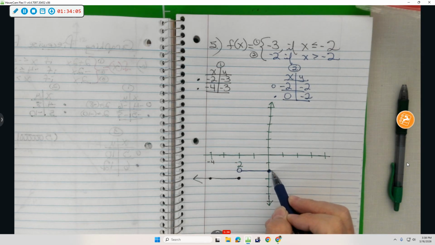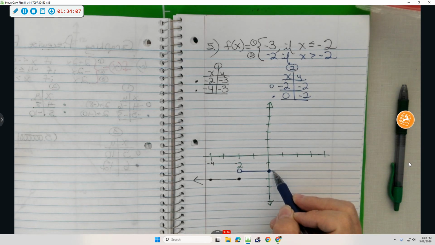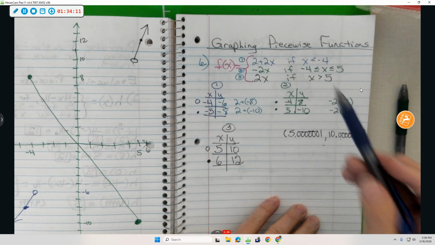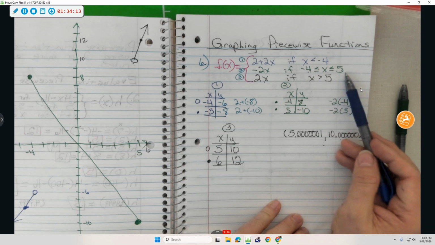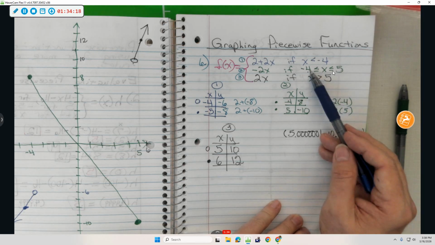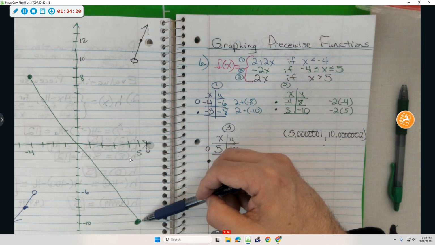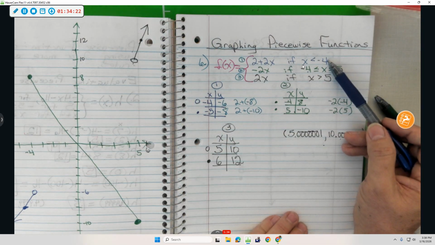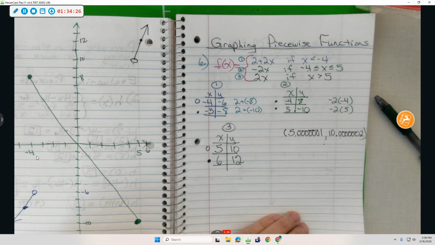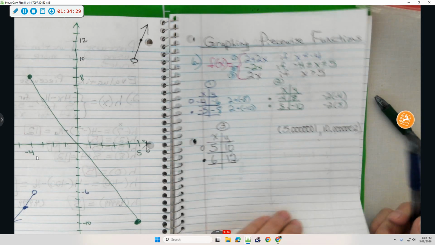Does it stop? No, it keeps going. The only way it stops is if the interval is like one of these compound inequalities where x is between two numbers. But if there's only one number within the inequality, one side, either the left or right, is going to have the arrowheads.